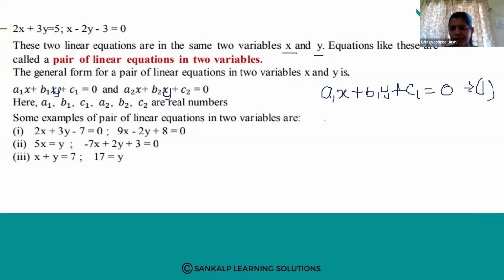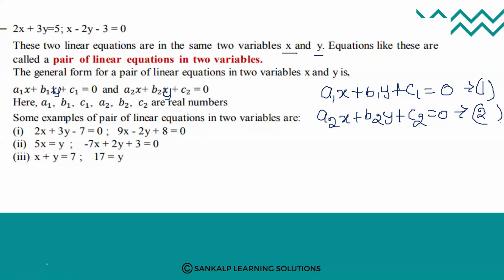And a2x plus b2y plus c2 is equal to 0, this is equation number 2. This is the general form for a pair of linear equations in two variables.